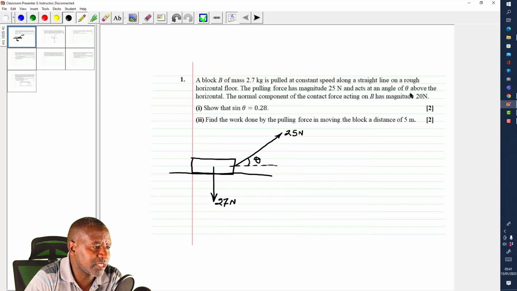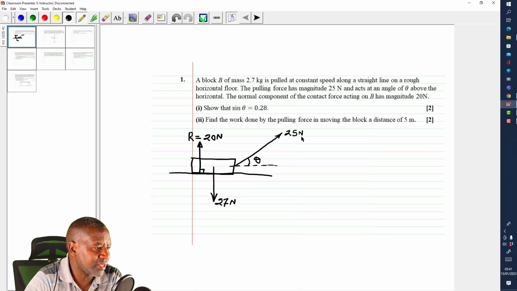And we are told that the normal component of the contact force R, which is the amount of force exerted at 90 degrees to this object by this surface, has a value of 20 newtons.